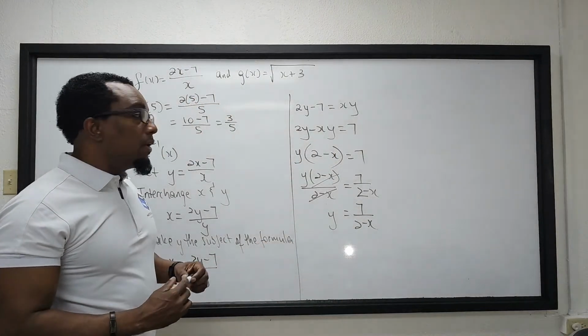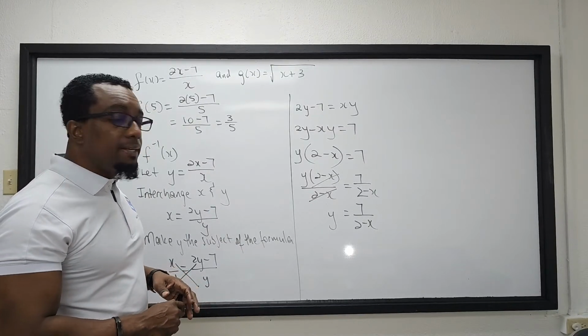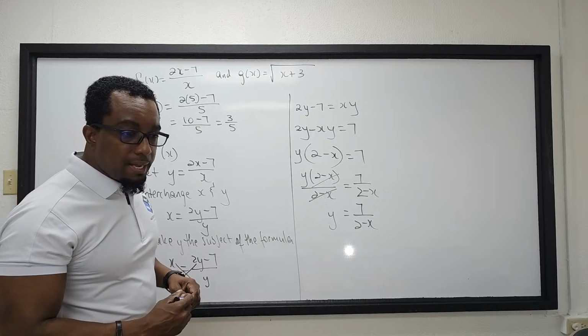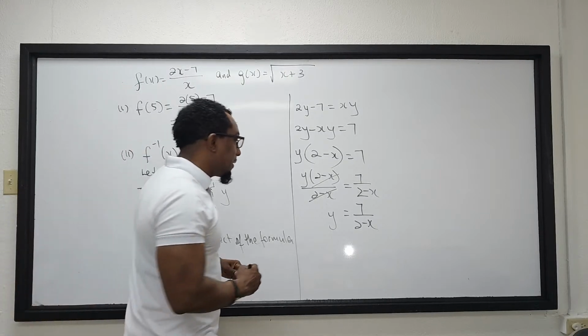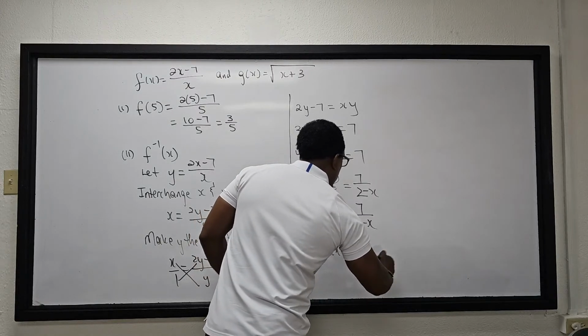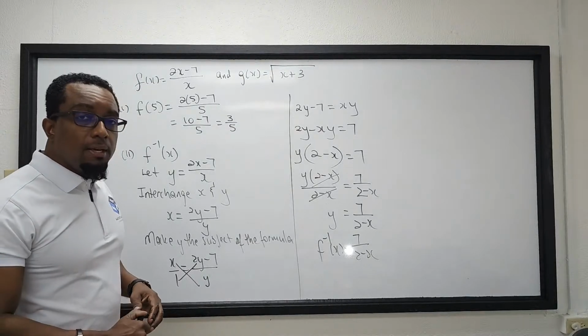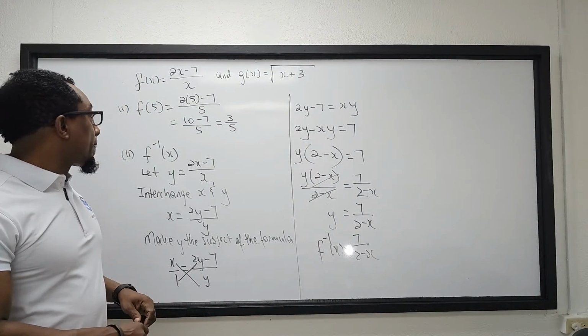And this is making y the subject of the formula, which is the last step when you find the inverse. And I can write this as f inverse of x is equal to 7 over 2 subtract x. And that is the inverse, the expression for the inverse of the function.